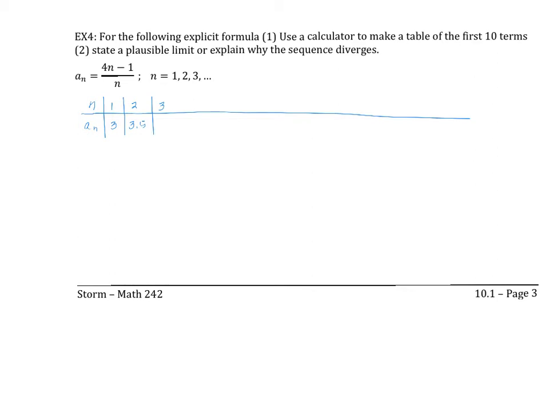And I'll just go 2 decimals if I have to round. 3.67. 4, I have 3.75. When n is 5, I'm at 3.8. 6, 3.83. Looking at these terms, it looks like it's approaching 4.